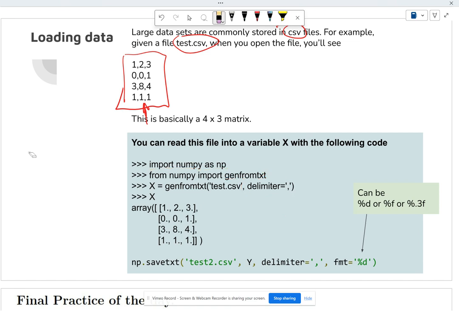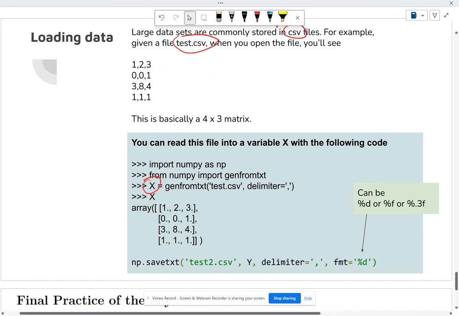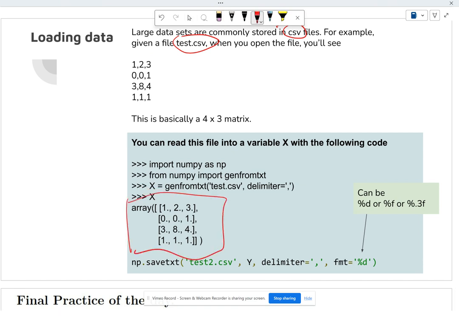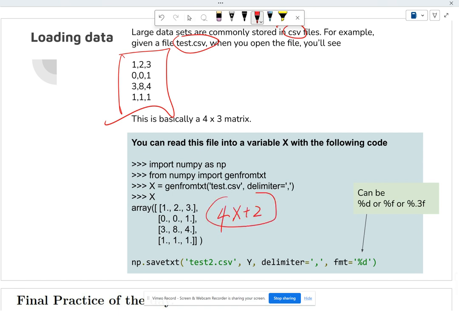After you have done this, X has now loaded this data into a matrix. And the matrix, when you print it out, looks just the same as the data in the file. After this, you can do different kinds of manipulation, like x plus 2 times 4, whatever you want to do.